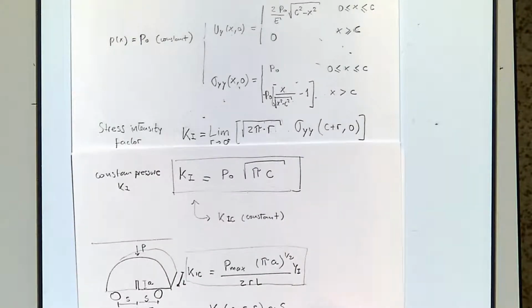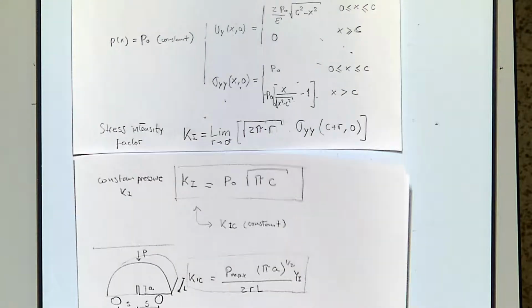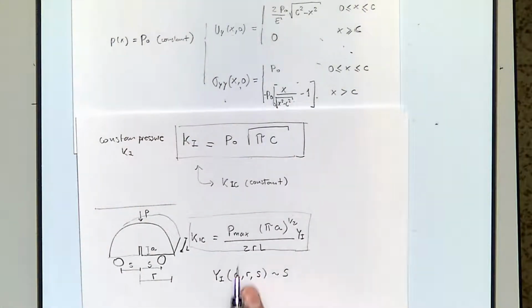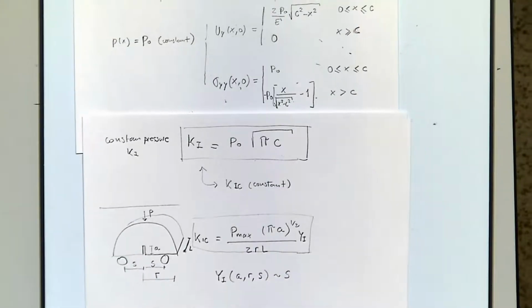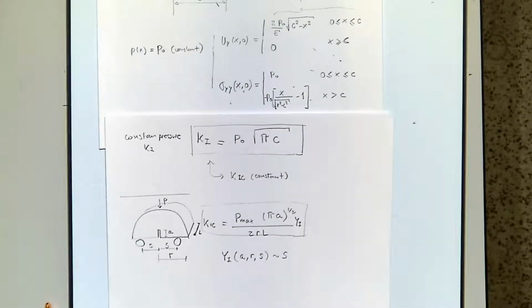It's about 5. So with a similar equation, we can calculate stress intensity for this test, and that's what's going to allow me to measure fracture toughness of a material. There are several ways to measure fracture toughness.